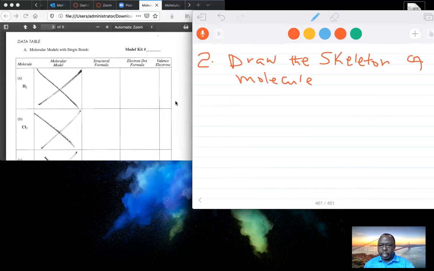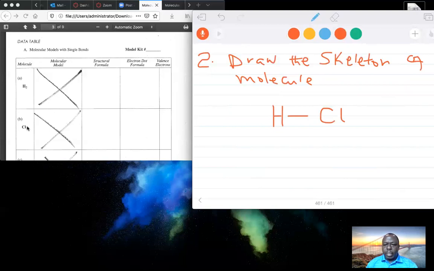It goes at the center, wherever you are drawing the skeleton, the first element will always be at the center. But if you have 2 elements, such as hydrogen gas or chlorine gas, you only have 2. So in my example, this is the skeleton. You have to show the connection. It is bonded to chlorine. This is not the end of the game.